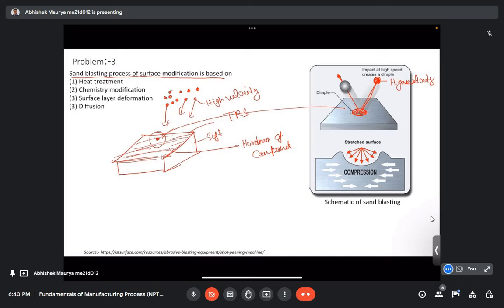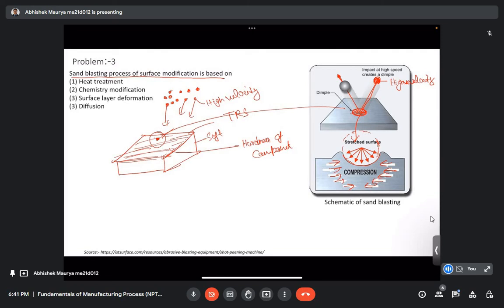As well as that, what else happens? If we zoom out and try to see, because of the impact of the sand grit, there is a plastic deformation like this, and very locally near this, compressive stress gets generated.